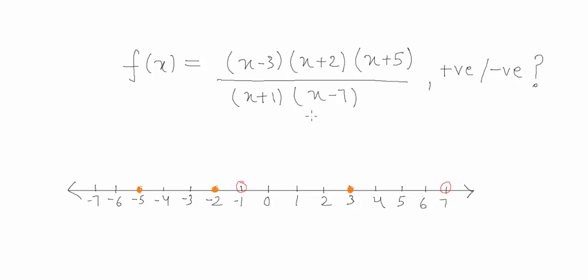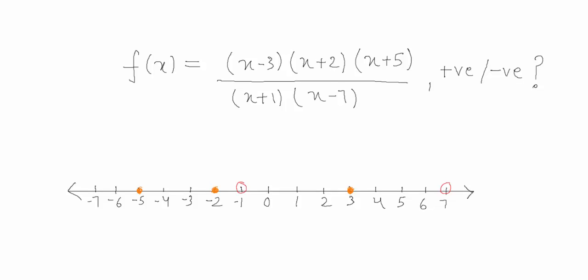You can pick a specific number like 8, which is definitely greater than 7, or you can take any number in general which is greater than 7, and then look at the sign of the numerator. Let's say we take 8. 8 minus 3, which is 5, is positive, and these two terms are definitely positive, so the numerator is positive. Now if you look at the denominator, 8 plus 1, 9, positive. 8 minus 7, 1, so the denominator is also positive.